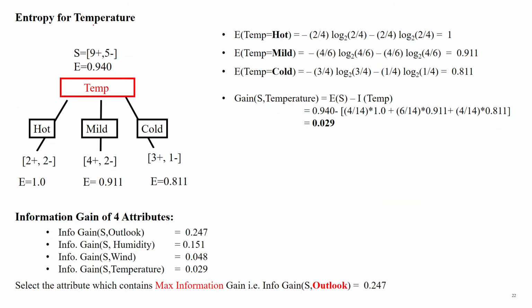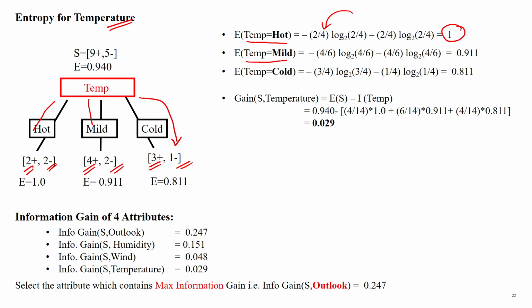Then the fourth attribute is temperature. Temperature has three values: hot, which has 2 positive samples and 2 negative samples; mild, which has 4 positive samples and 2 negative samples; and cold, which has 3 positive samples and 1 negative sample. When temperature is hot, the entropy is 1.